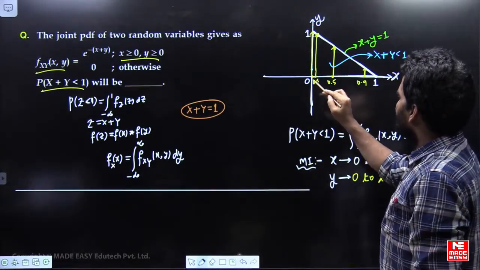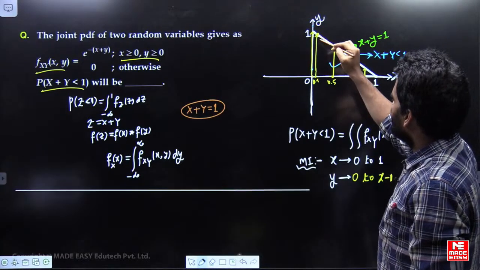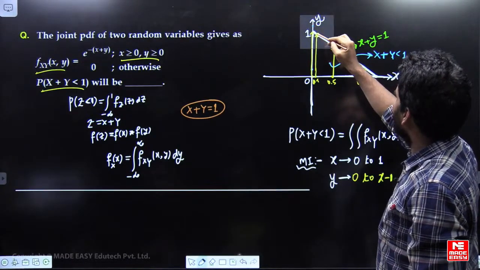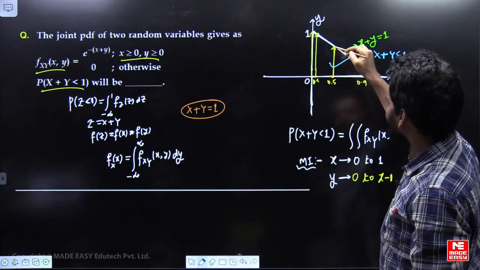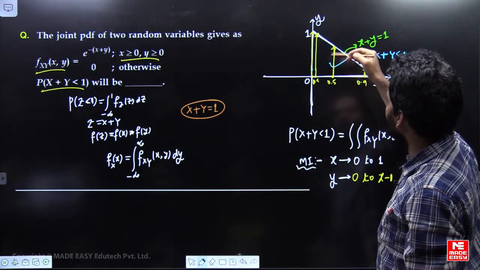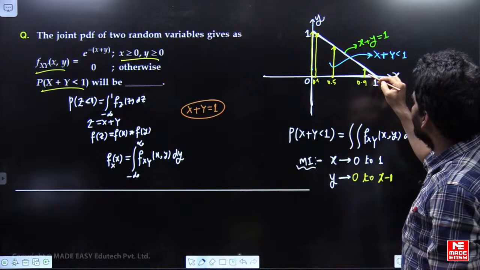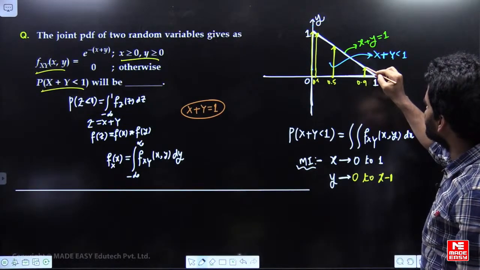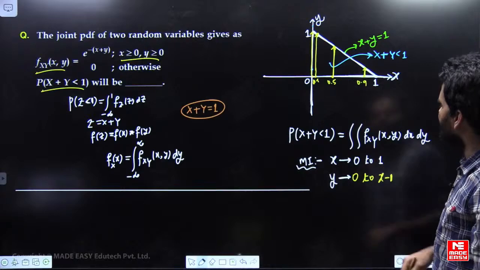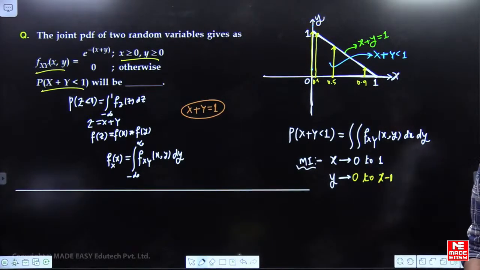If x is 0.1, what is the y value? 1 minus 0.1, that is 0.9. At this point, y is equal to 0.5 only, 1 minus x. And here corresponding to this x value, what is y? 1 minus 0.9 is 0.1. So I can say y goes from 0 to 1 minus x.